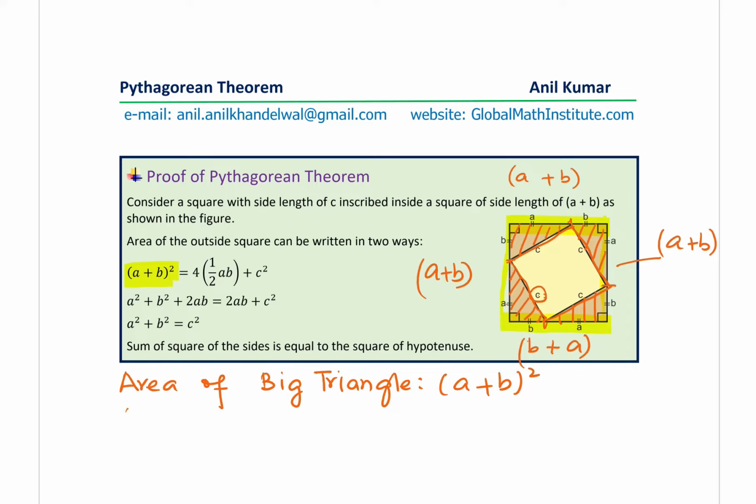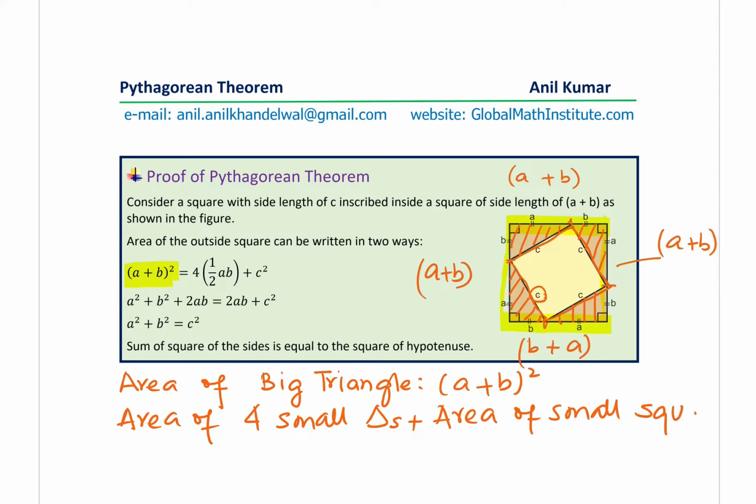So you can also say it is the area of four small triangles plus the area of the small square. Perfect. So it is also this combination. So we could equate this, and that's what we have done.